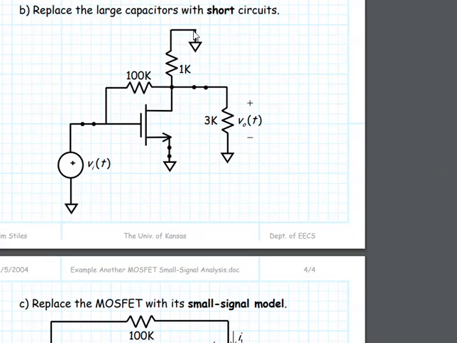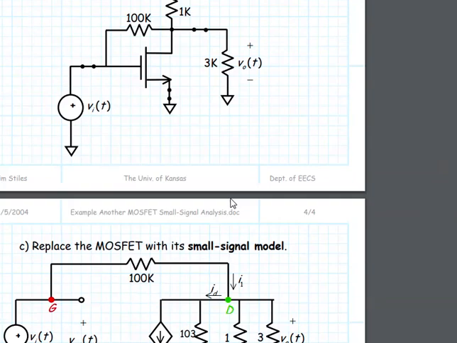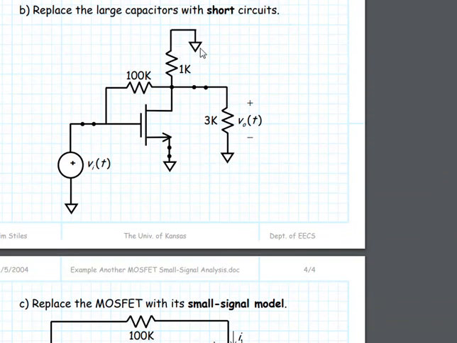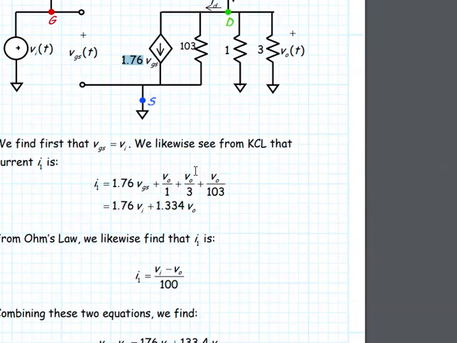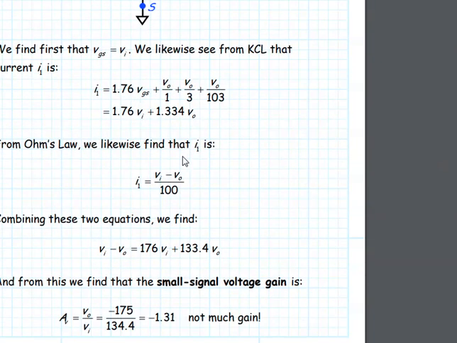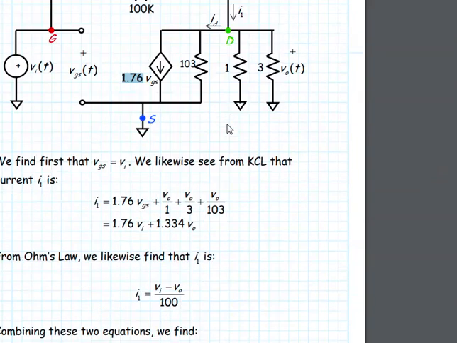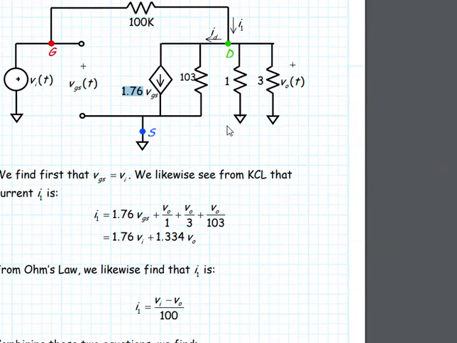Both of them are at the drain actually, and since the DC sources that were connected here are going to be grounded, both of them are grounded. So this is the circuit that we now have to analyze, which is actually not too hard to analyze. So take a look at what happened over here. As I said, I want you to do it yourselves, okay?